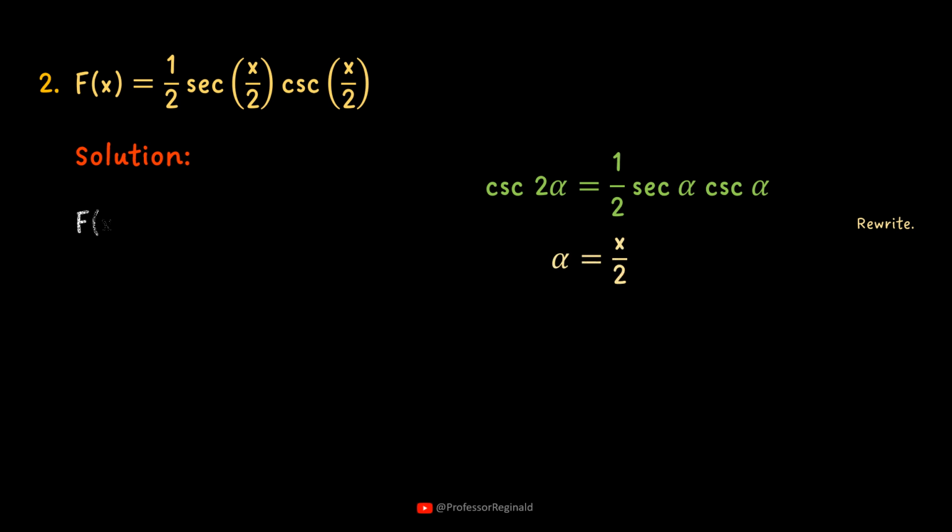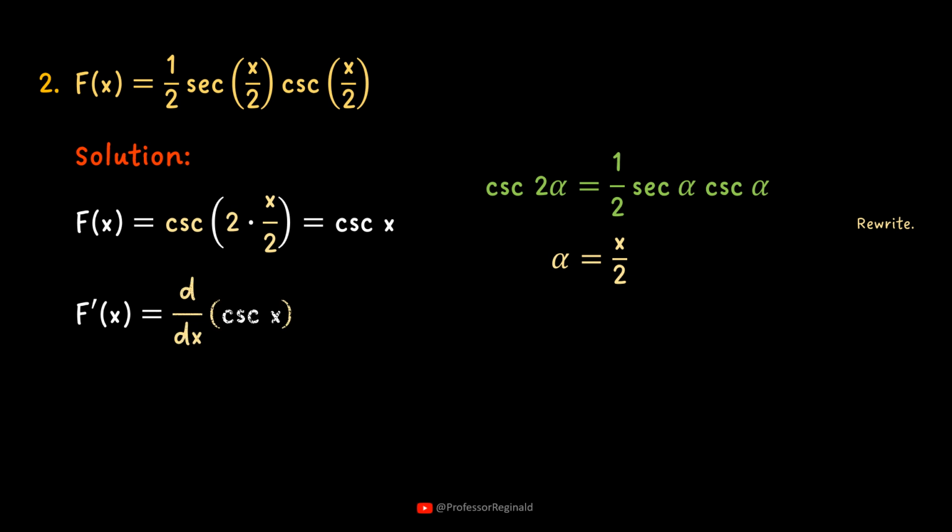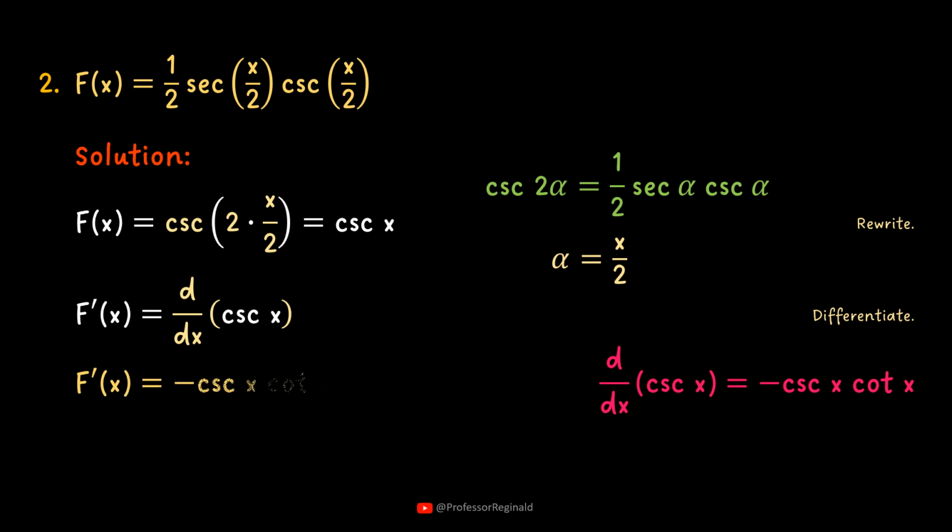F of x becomes the cosecant of x, whose derivative is easier to find than the given f of x. F prime of x is the derivative of f with respect to x. Differentiate using a trigonometric function rule. Hence, f prime of x equals the negative of cosecant of x times the cotangent of x.